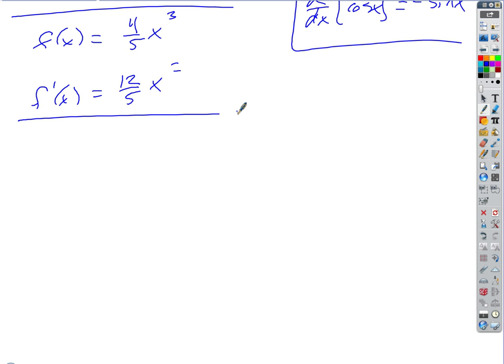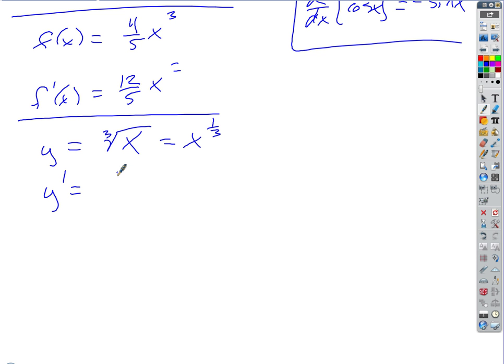Okay, what if I have something like this? What if I have y equals the cube root of x, and I want to find y prime? You rewrite it as x to the 1/3. Everybody see that? Just rewrite it as a fractional exponent. And our power rule doesn't just work for integers, it works for all real numbers, it turns out. So then what's my answer going to be?